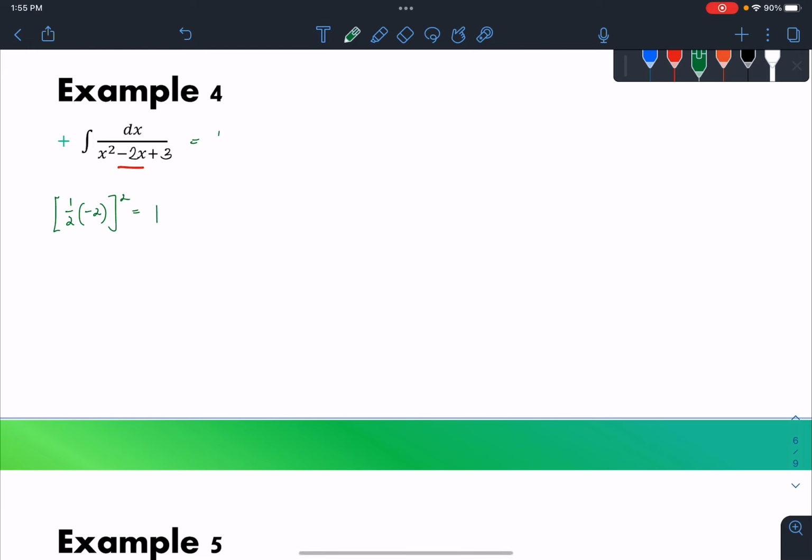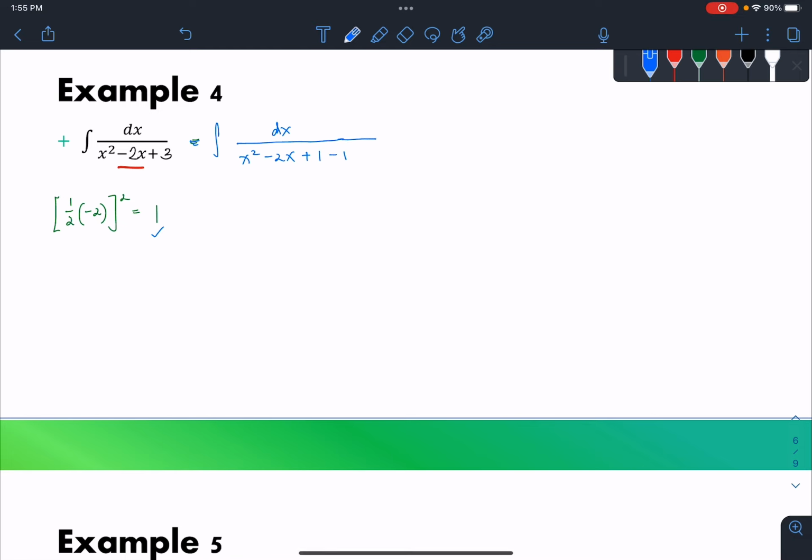So we rewrite this one as dx all over x squared minus 2x, and then we have 1 here, so we add 1 and we subtract 1.